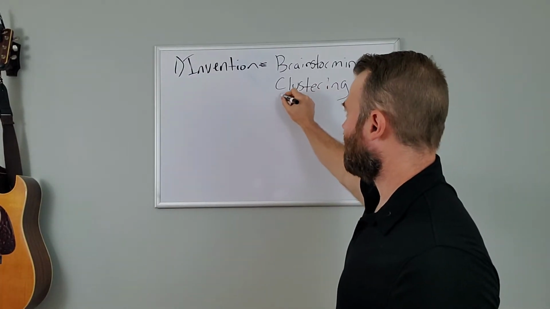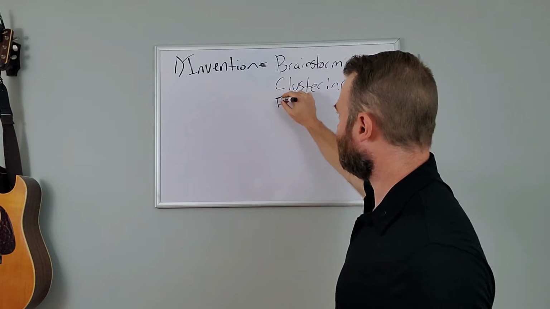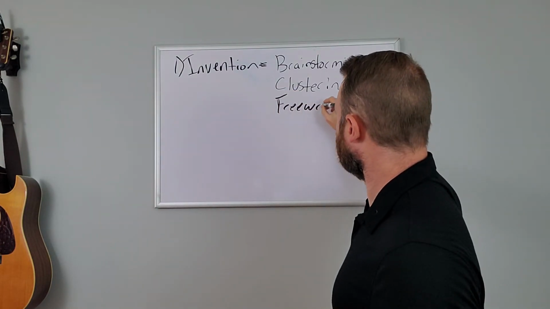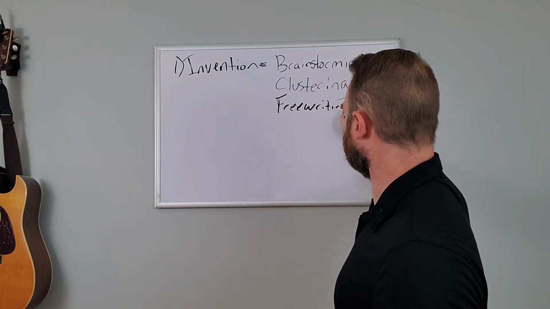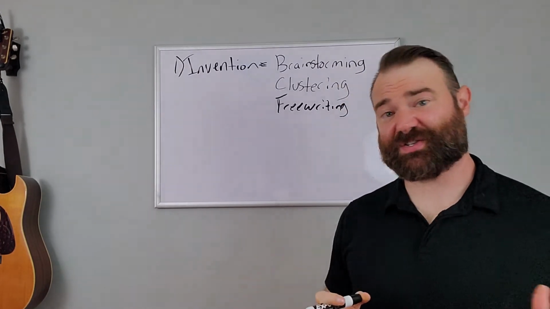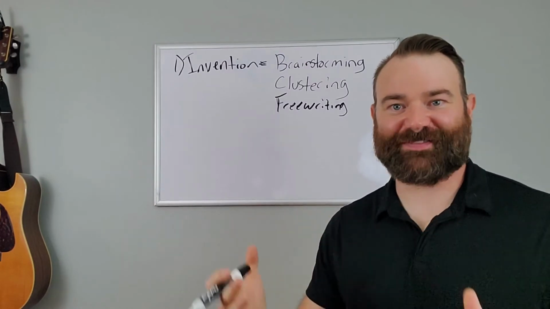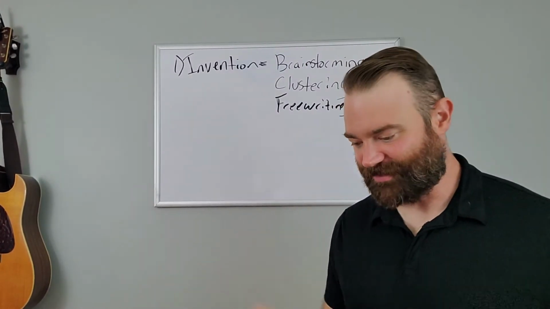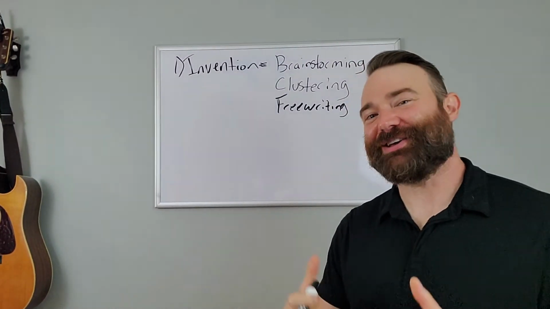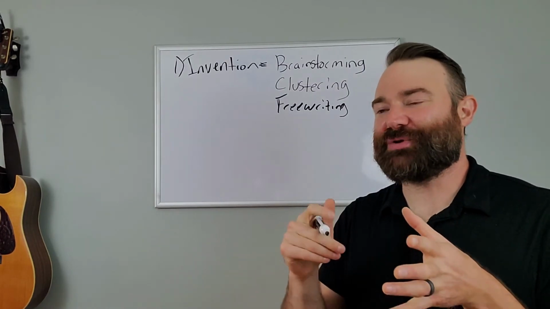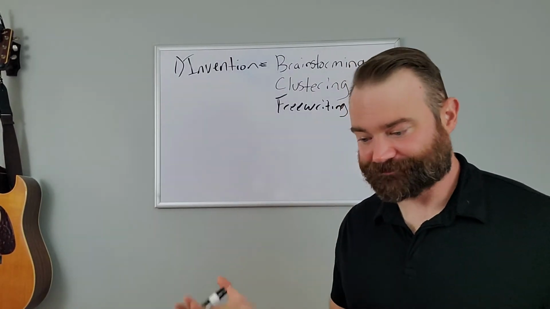After clustering, we also have free writing. Now, free writing is essentially where we just start writing and I always call it word vomit. I'm sorry if that's like, oh my God, he said vomit. But basically what you do is you just start writing.